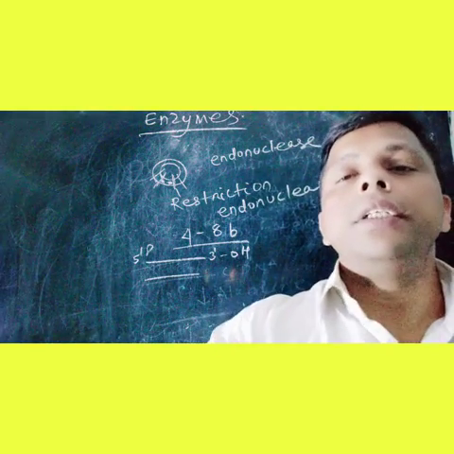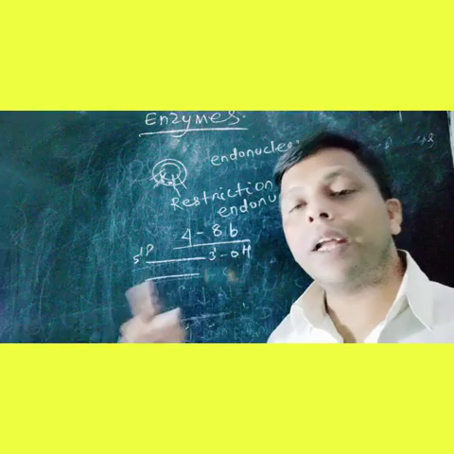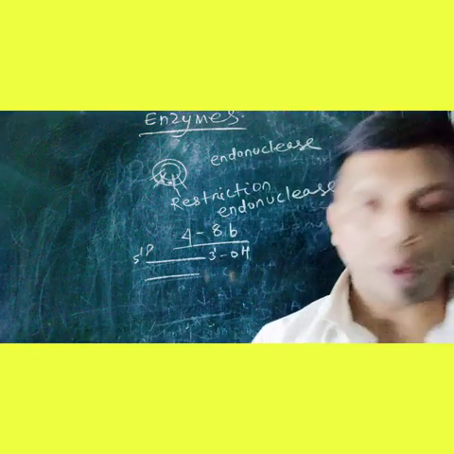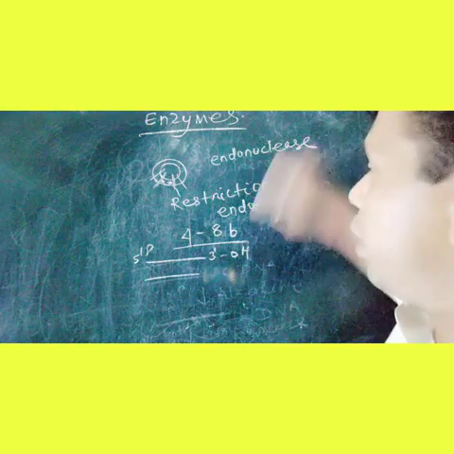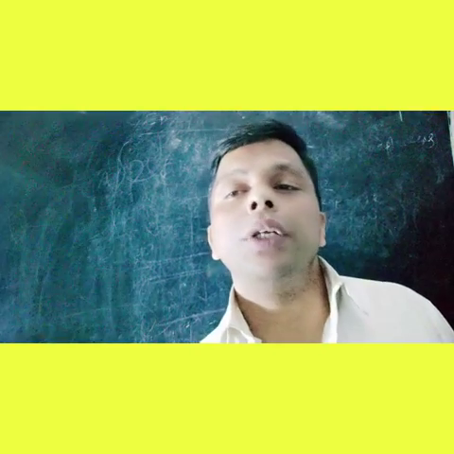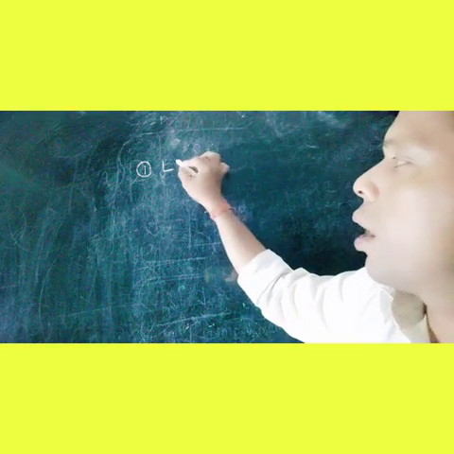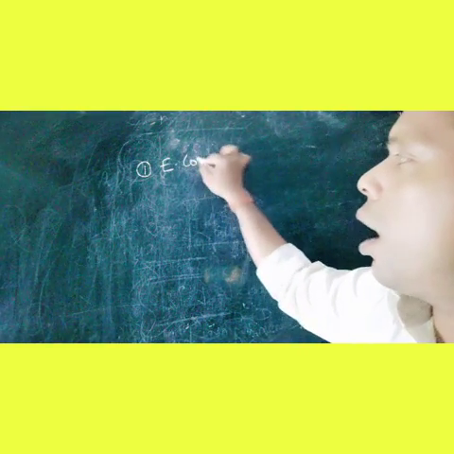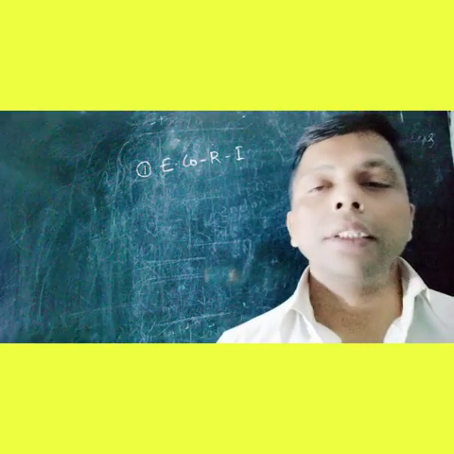These endonuclease enzymes are categorized into 3 groups. What are the characters of these 3 groups of enzymes? Many endonucleases are available from the host cell, that is from prokaryotic cells, and are classified into 3 groups. The first is EcoR1, the group 1 enzymes.